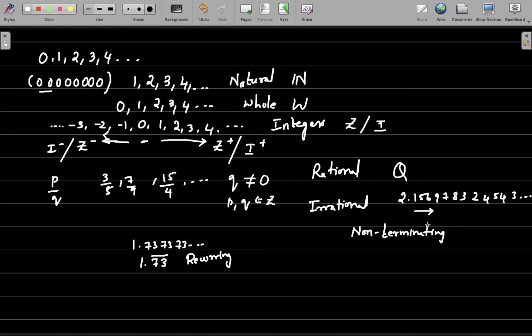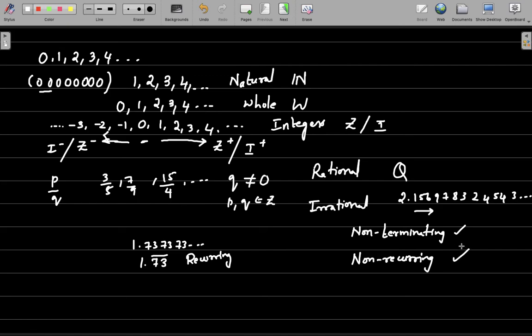But here, if you observe, in this number you don't see any such pattern. So here you call them non-recurring decimal values. So you have a non-terminating decimal. This decimal value is non-terminating, and this is non-recurring.